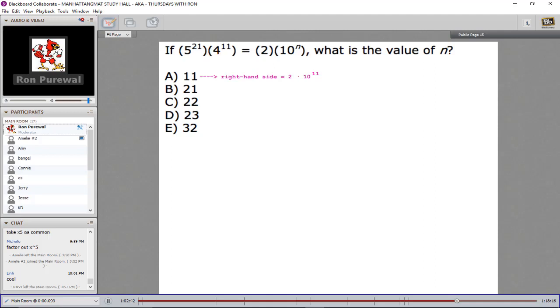The left-hand side is 5 to the 21 times stuff. If you think about how 5 to the 21 works, that's 5 times 5 times 5 times 5, etc. How many pairs of 5s are you going to get out of that?